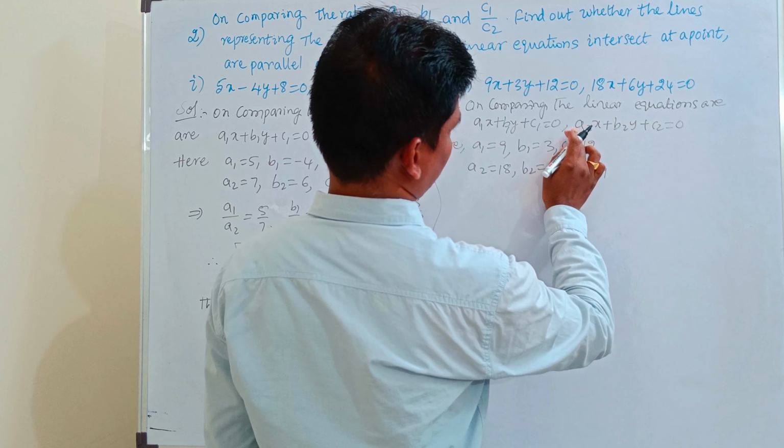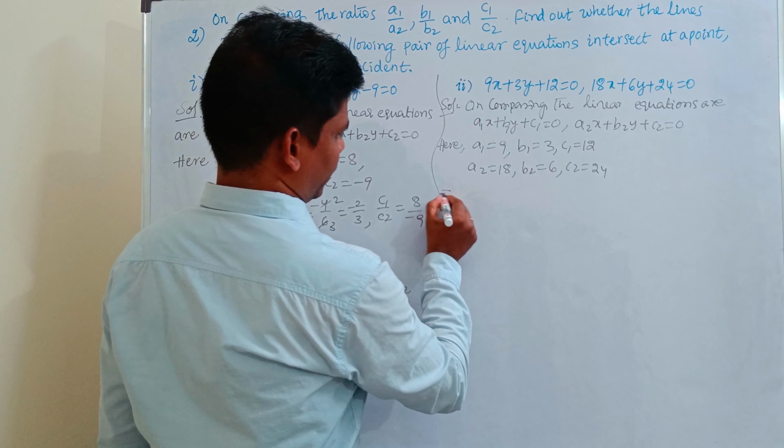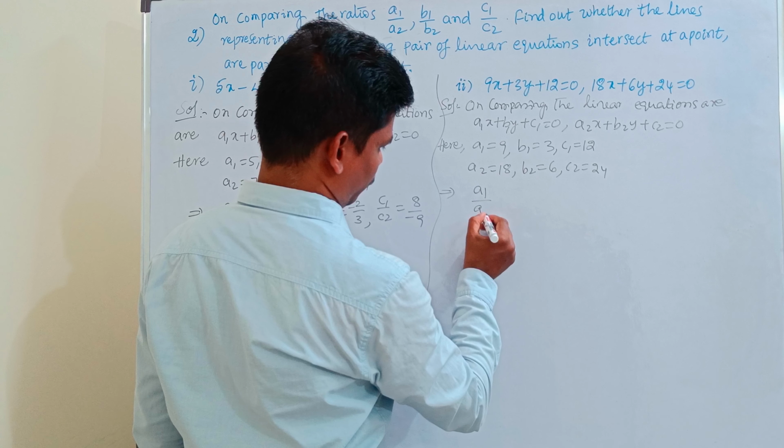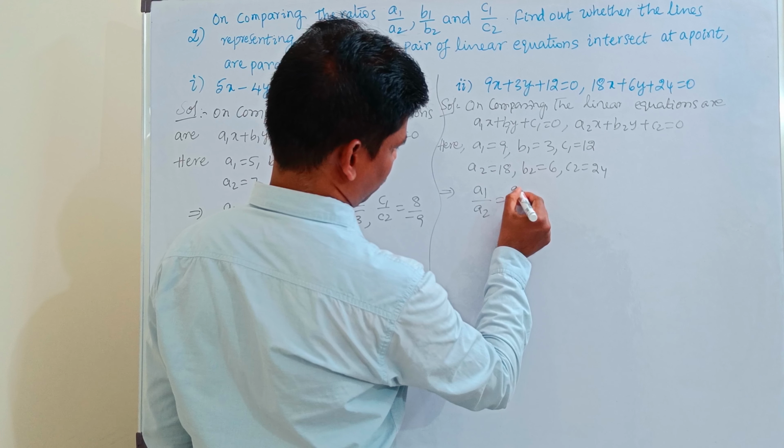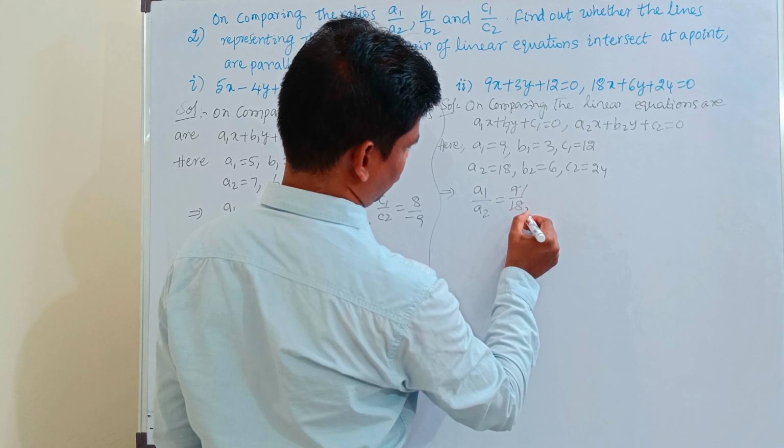Compare these two. Okay. And next, take ratios. A1 by A2 is equal to 9 by 18, that is equal to 1 by 2. B1 by B2 is equal to 3 by 6, that is equal to 1 by 2.